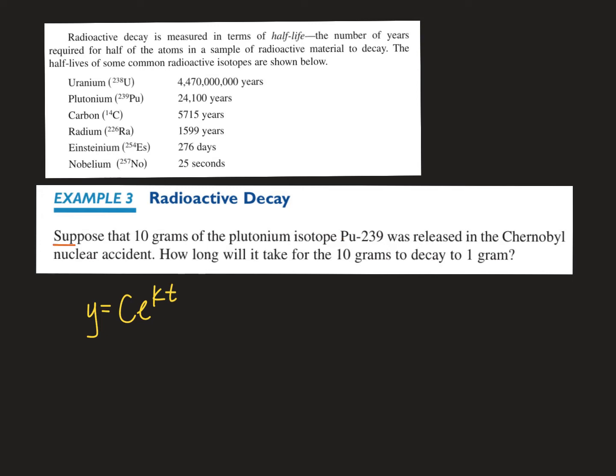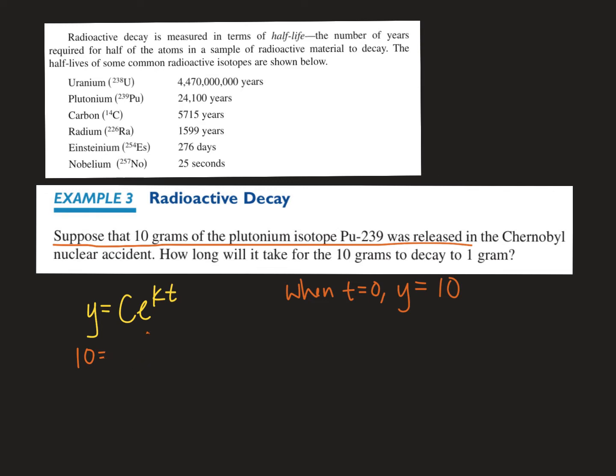So officially, this piece of information is telling us that when t equals 0, y, the amount of that plutonium isotope, was 10. This is actually going to mean that c is 10, and here's why. If we plug in this initial condition, we can clearly see that we'll have 10 equals c e to the k times 0. E to the 0 is just 1, so 10 is c.